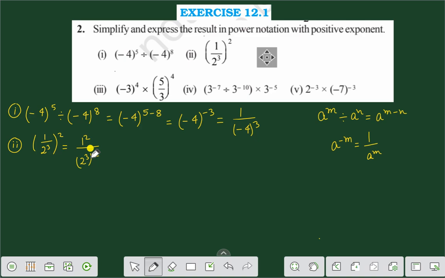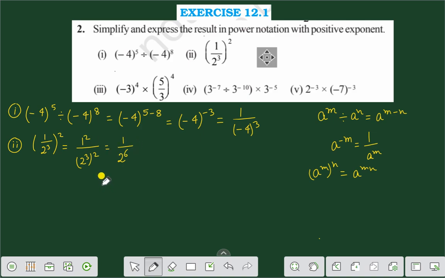Therefore, we are getting 1 by 2^6, 2 to the power 3 into 2, that is 2^6, and that is the answer. Here we applied the formula (a^m)^n is equal to a^(m×n). This one multiplied, 3 into 2, that is 6, right?